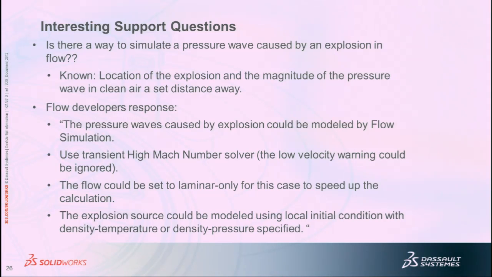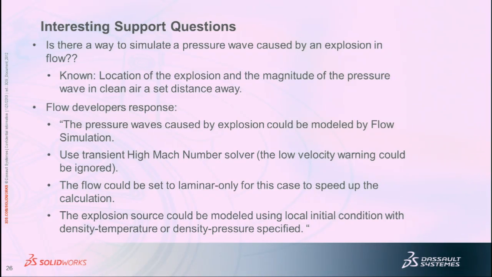And under fluids, in the general settings command, you would set the laminar flow and the high Mach number option. And you will get a warning message when it's solving, because initially it's high Mach number when it first starts to go off, but then eventually the velocity decreases significantly, so you can kind of ignore the low Mach number warning message that you get.